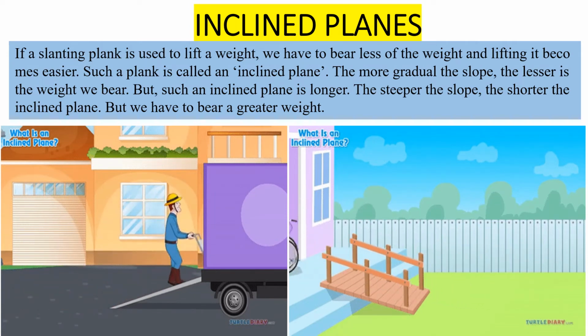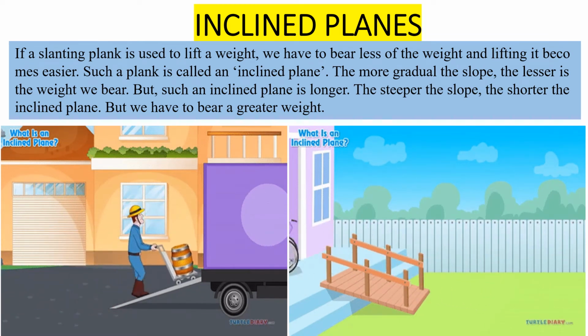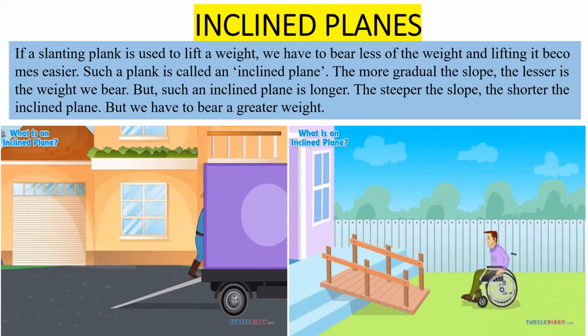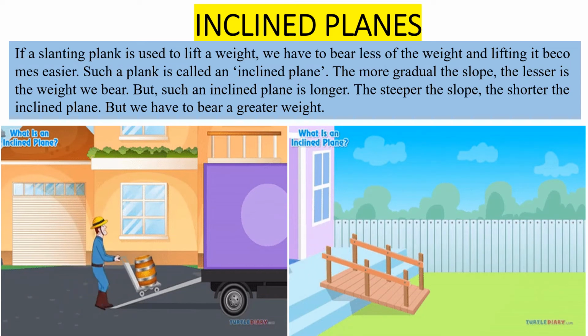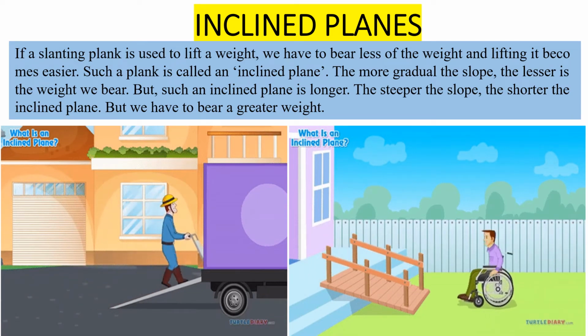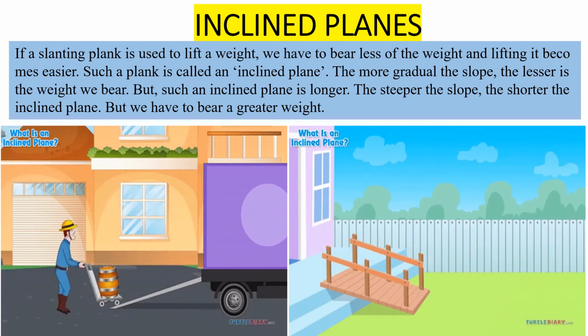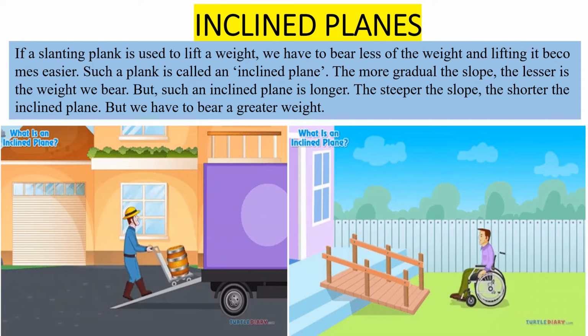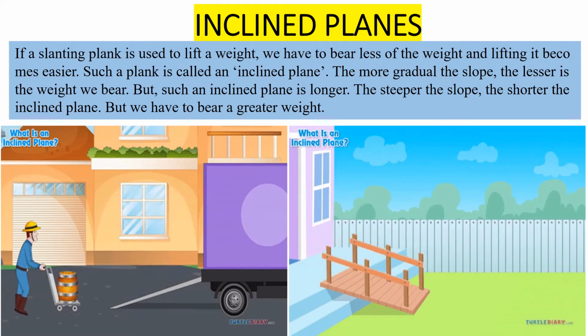The more gradual the slope, the lesser is the weight we bear. The lighter the slope is, the less weight we feel. But such an inclined plane is longer. The steeper the slope, the shorter the inclined plane. But we have to bear a greater weight.